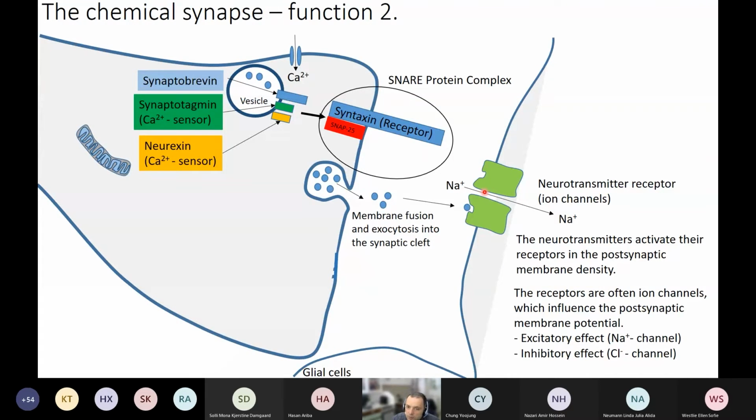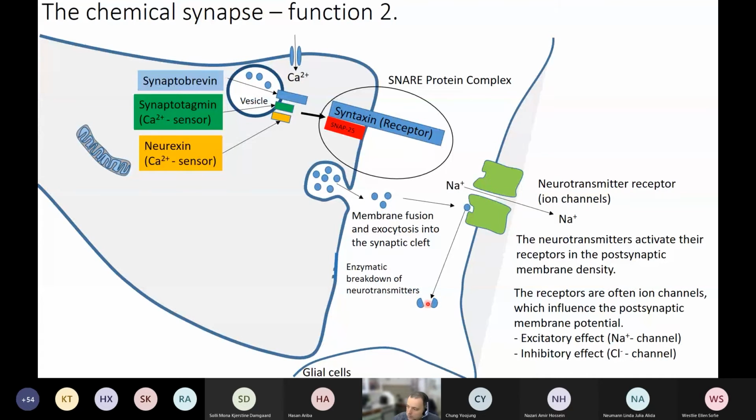But of course, if you would like to activate the postsynaptic cell, you did this already, and we don't want to keep it active forever. So this has to stop somewhere. Therefore, there are several mechanisms for how this can be finished. And one option is that the synaptic cleft has certain enzymes which are able to split the neurotransmitter molecules, and they are broken down.